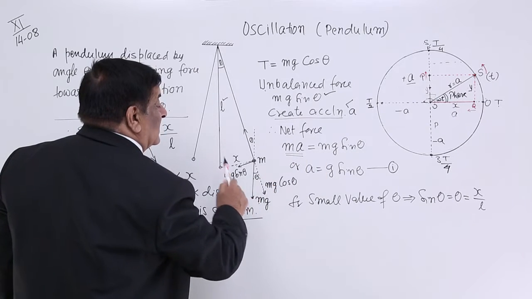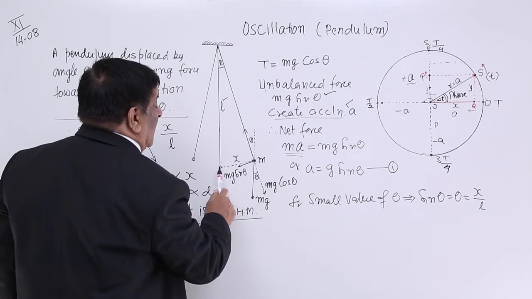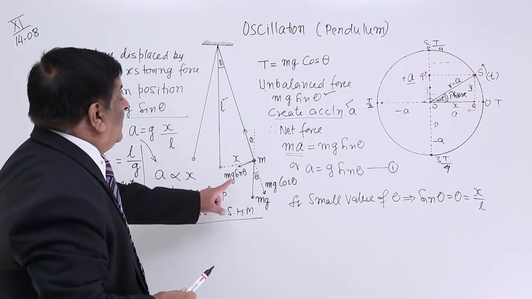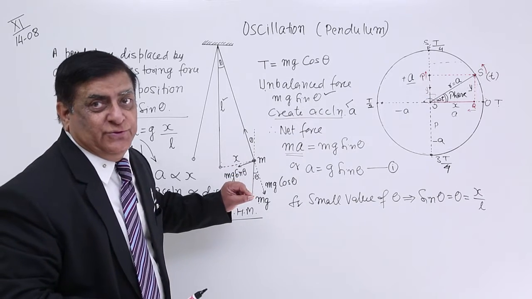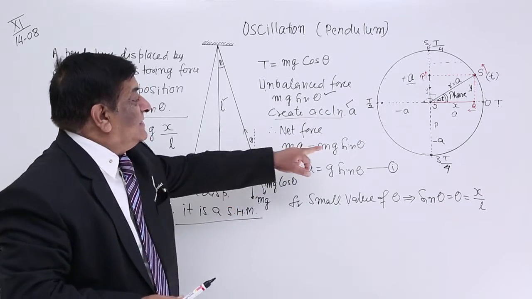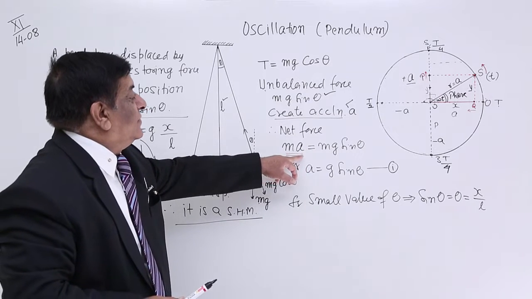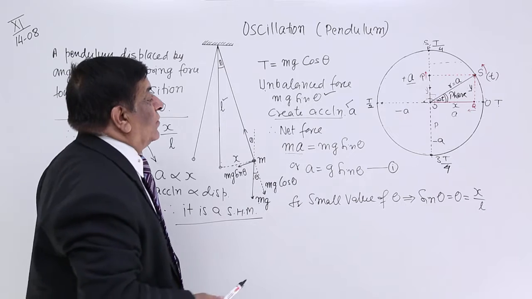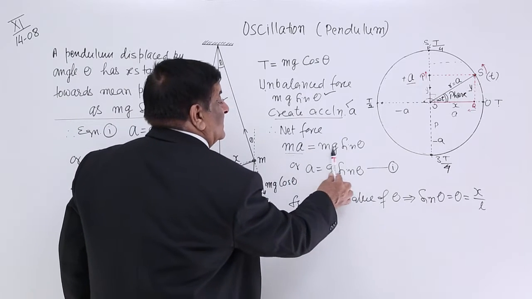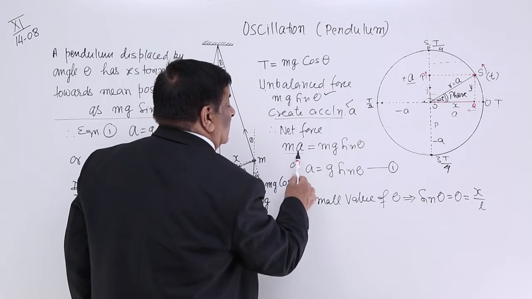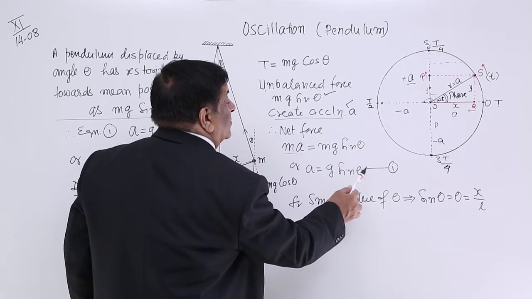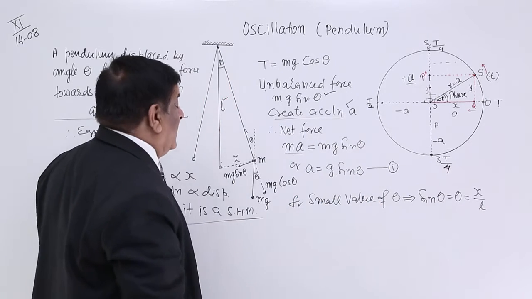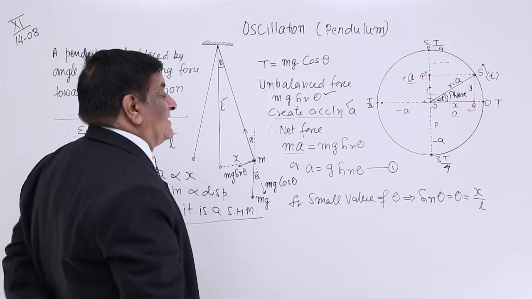So mg sin theta is responsible to bring it back to the mean position, so this will be known as restoring force. So mg sin theta is restoring force and that is equal to ma, where a is the acceleration generated here. m is cancelled, we get acceleration is equal to g sin theta. This is the acceleration in this direction.